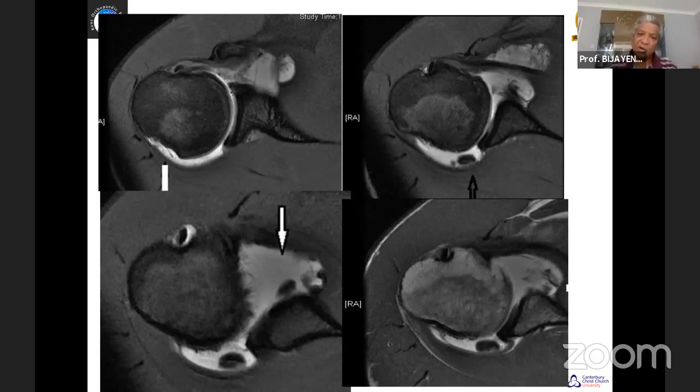Then you need to know if there is any other joint laxity, whether the patient has ever been diagnosed with any underlying collagen disorder. If the other shoulder is affected, have they had any procedures prior to this?